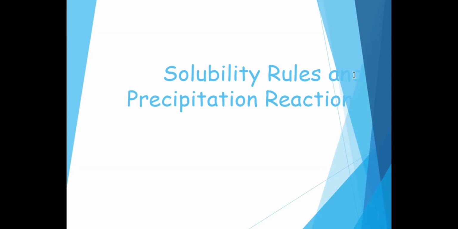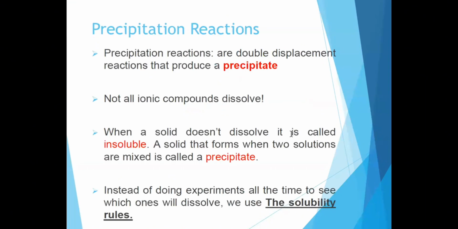Now, let's look at the solubility rule. What is the solubility rule? It tells you the state of matter that this chemical will be when it is inside of a reaction. Now, the word precipitate, or the precipitation reaction, takes place in double displacement that produces a precipitate.